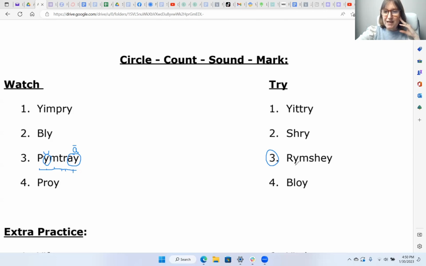So here's a Y in the middle. Just to remind you, in case you weren't here before, EY at the end of a word usually makes the long E sound, as in turkey. So now go ahead and mark it and try to say it on your own.